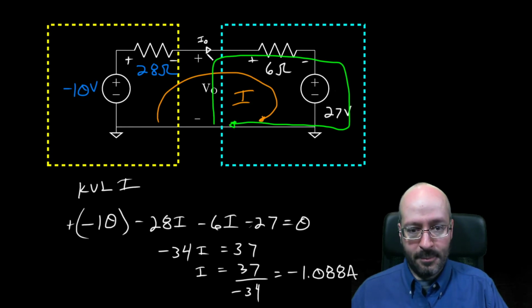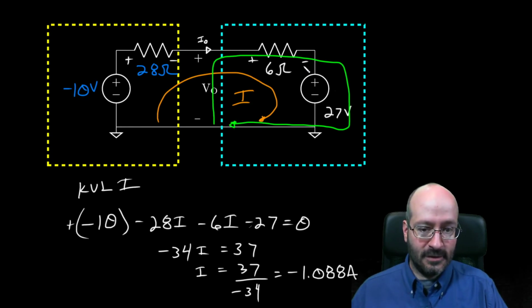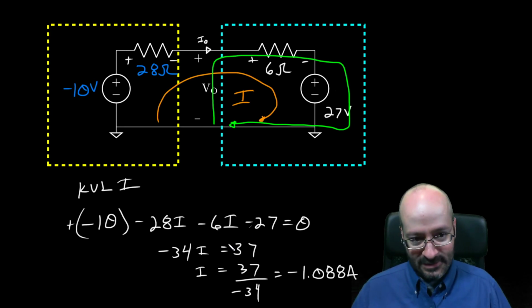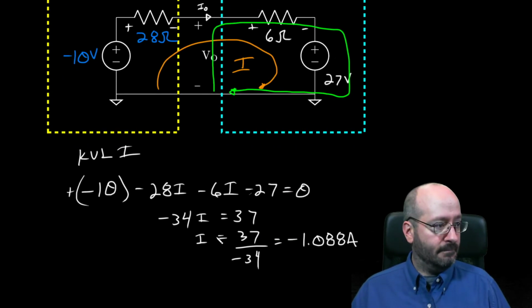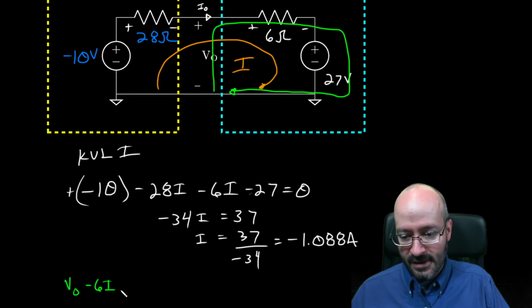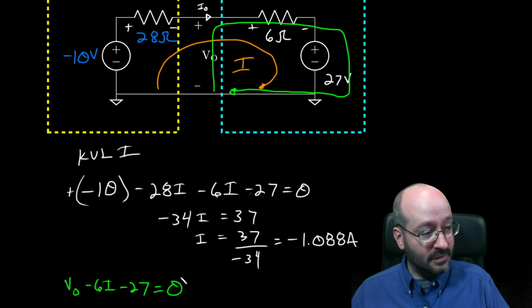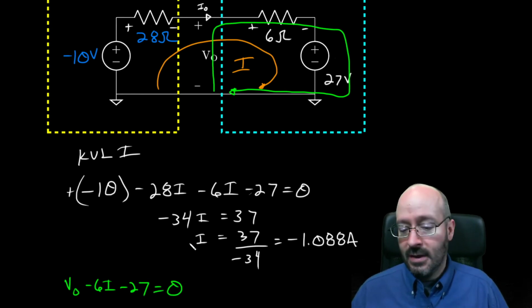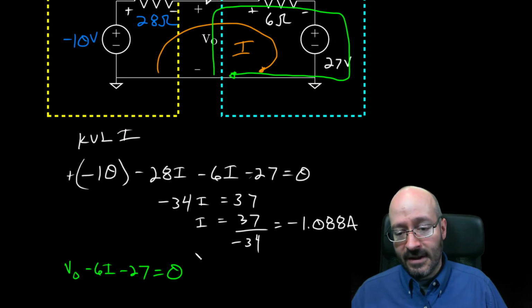I'm going to go up V out, I'm going to drop across 6I, I'm going to drop across 27. I'll do it in green so that it lines up with what I'm doing up there. So V out minus 6I minus 27 equals 0. Okay, that's the KVL to find V out.